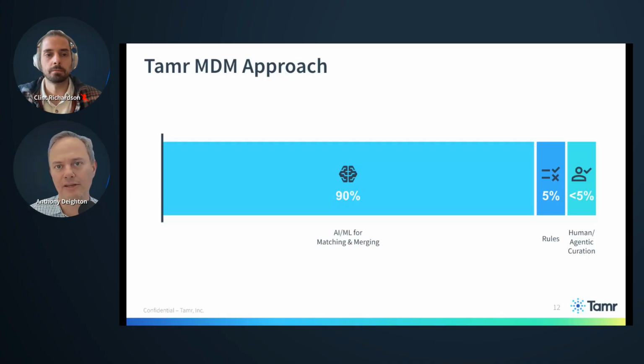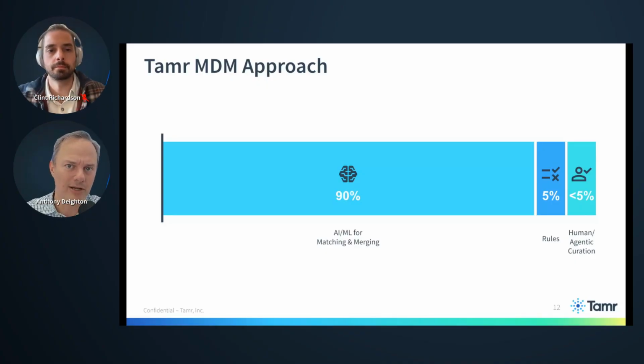Because in the vast majority of the cases, the model can do as good or better a job. And of course, the good part about models is they don't eat, sleep, they work all weekend, they work all night, they're highly parallelizable. And so we can solve the scale problem. And then we can focus human attention on the cases where they're most valuable, and we can have rules where the rule is sufficient.